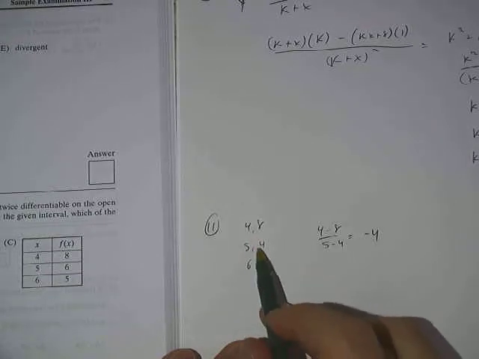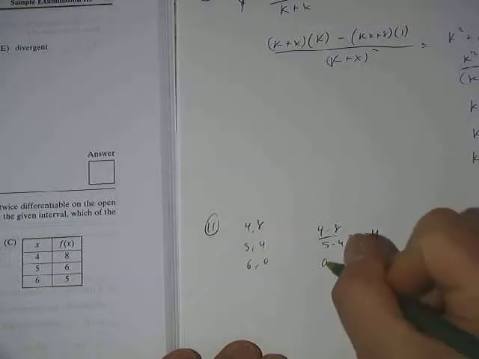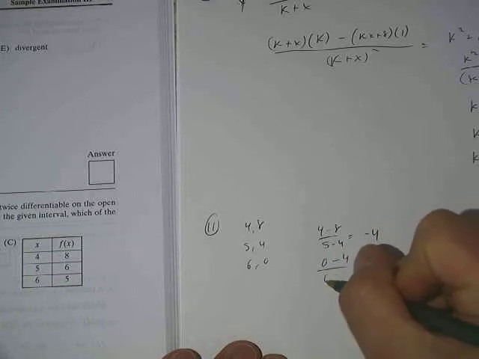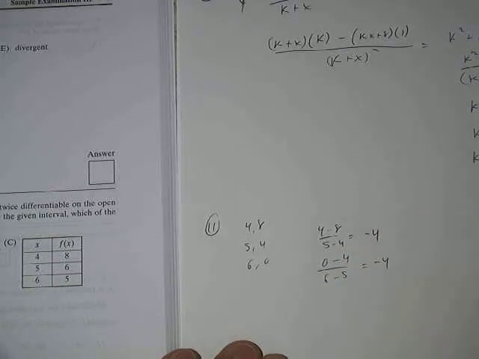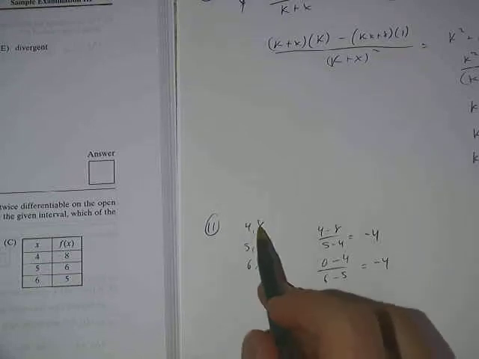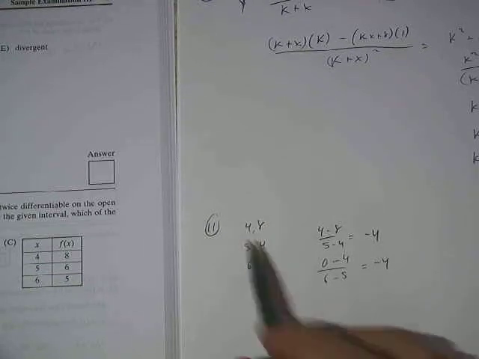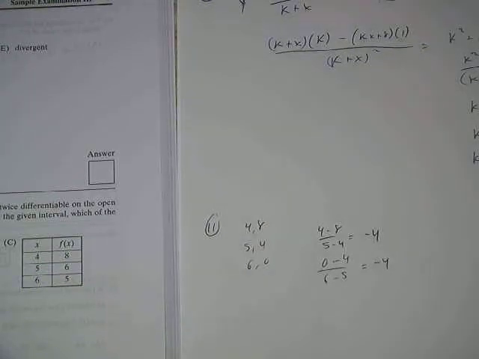If we did the slope between these two, we'd have 0 minus 4 over 6 minus 5, would be negative 4. True? And if we did the slope between the last two here, we'd have 0 minus 8 over 6 minus 4, which would also be negative 4. So ultimately, these particular points are linear, aren't they? Okay. And wouldn't the derivative be negative 4? So ultimately, could the derivative be negative 3 at that one?